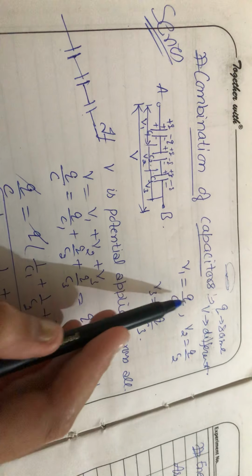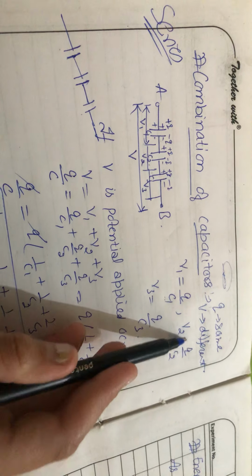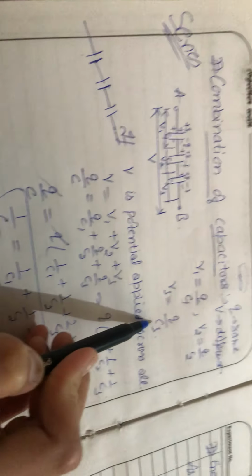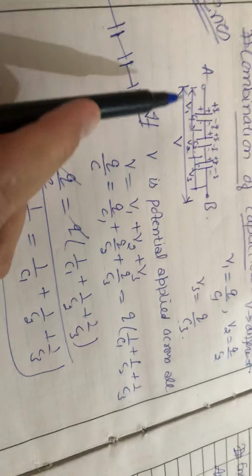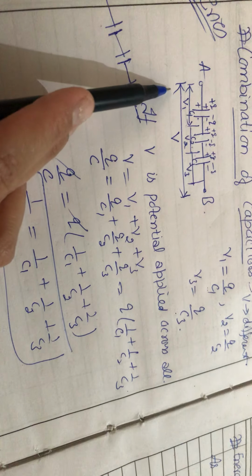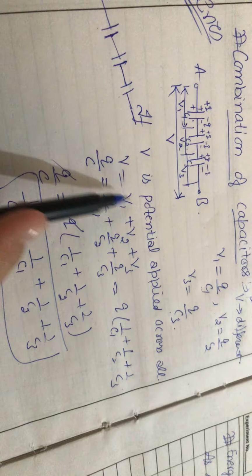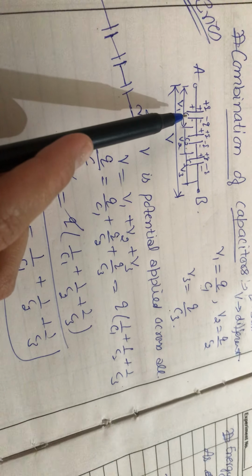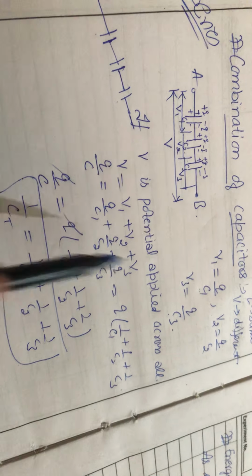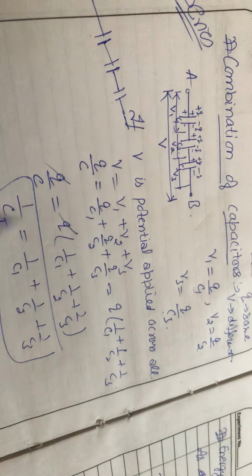So V1 is equal to Q upon C1, V2 is equal to Q upon C2, and V3 is equal to Q upon C3. Now we know that the total potential along all the capacitors will be the sum of the potential difference across each capacitor, that is V is equal to V1 plus V2 plus V3.